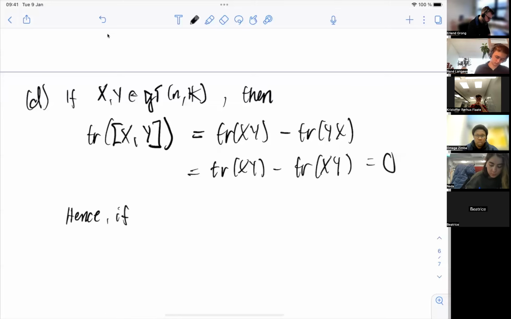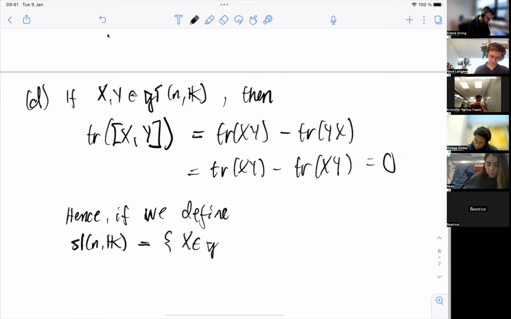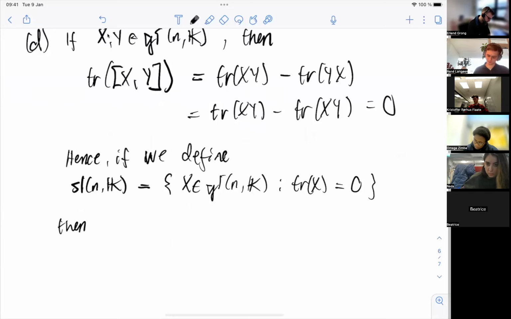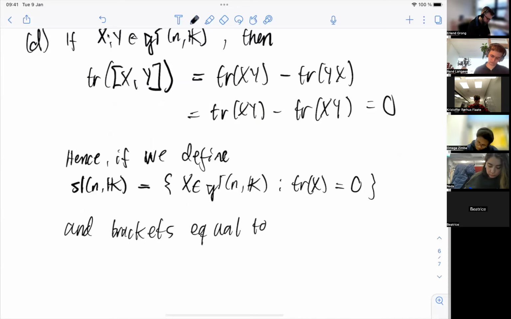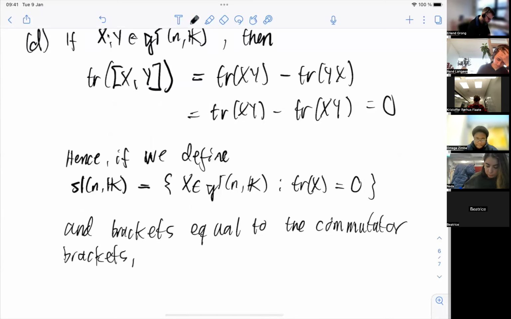Hence, if we define SL_n(K), which are all X in GL_n(K) with trace equal to 0, and brackets equal to the commutator brackets, then it is a Lie algebra.